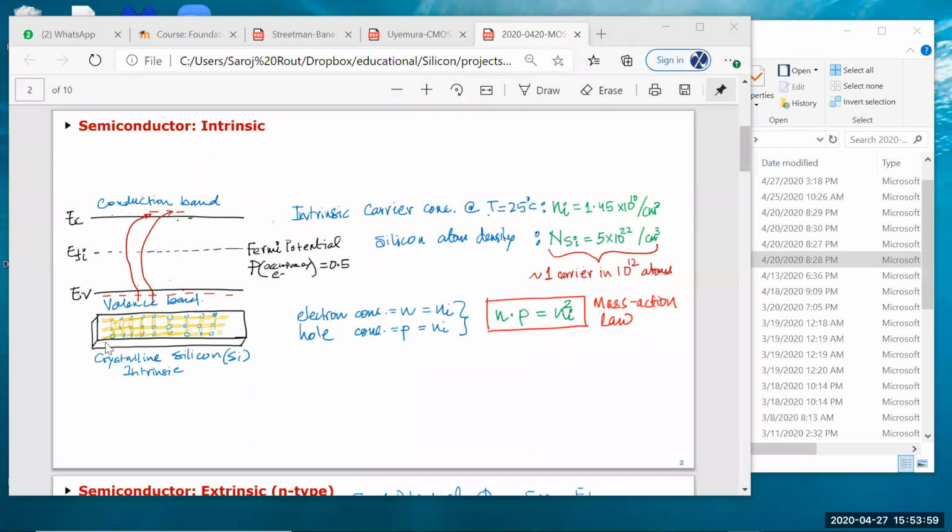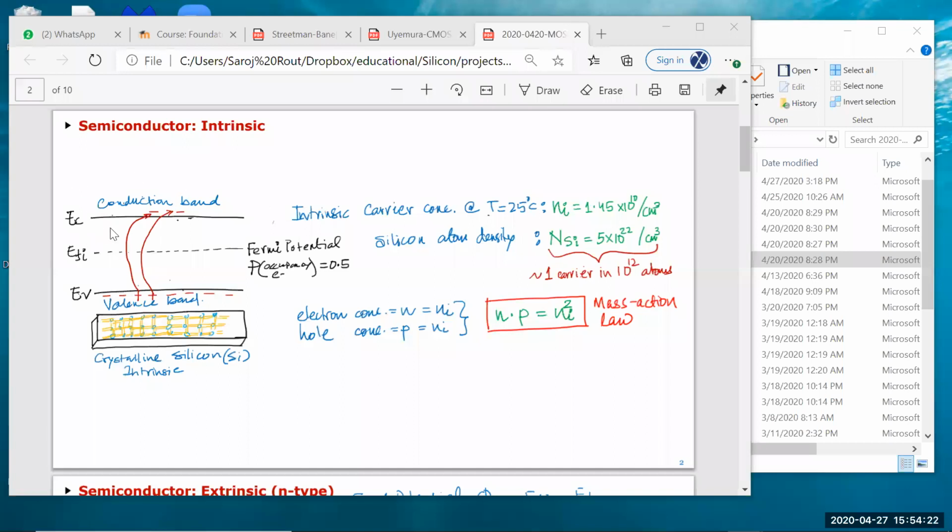Now, if I take the same material and take it to 0° K, the lowest temperature physically possible, then all the electrons which are there will be in this valence band. That means they're all tied to their valence electron, so nothing can move. So anything in this band means they cannot move, and there will be 0 electrons in this band.